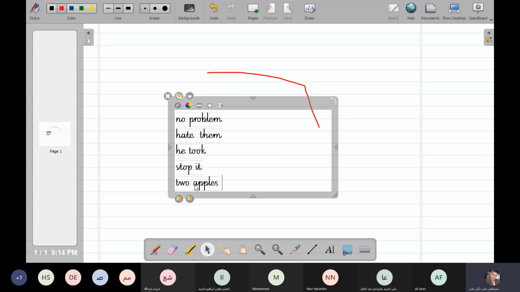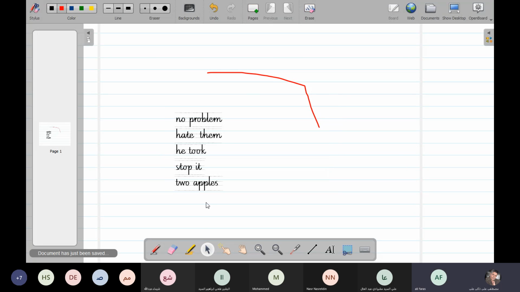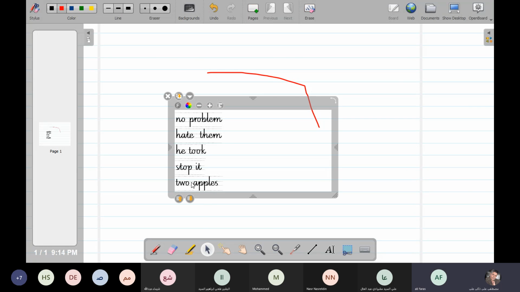It's difficult to connect them without adding a sound. We want to say the two words without pauses.